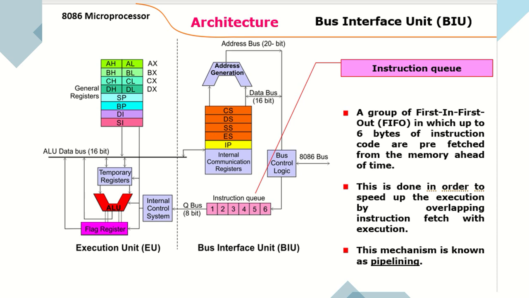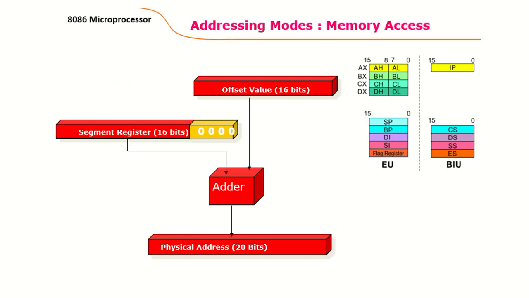Real mode means whatever you see in this slide, the registers, the flags, the arithmetic and logic unit, the instruction set, whatever 8086 provides is real mode. So if you are working in real mode, it is 8086 mode, where the addressing capacity is 1 MB and all the registers are 16 bit.